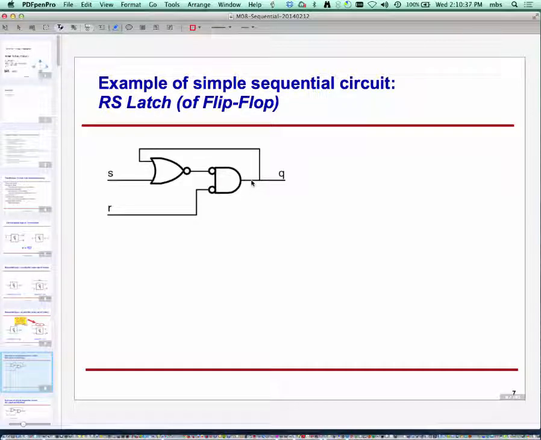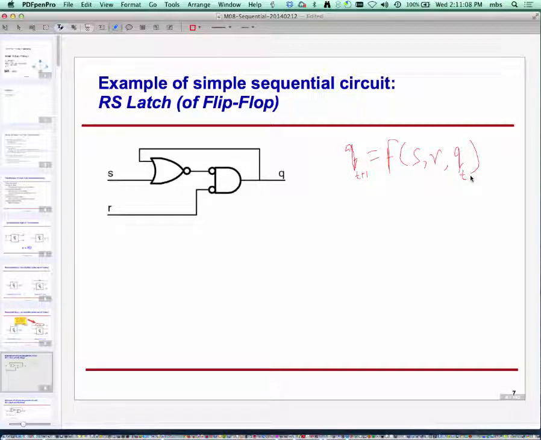And so at every time, I'm calculating the new output, the next output, as a function not just of S and R, but also the preceding value of Q. So mathematically, what we are saying here is that Q is some function of S, R, and Q, right? So Q at time t plus 1 depends upon the Q at time t.